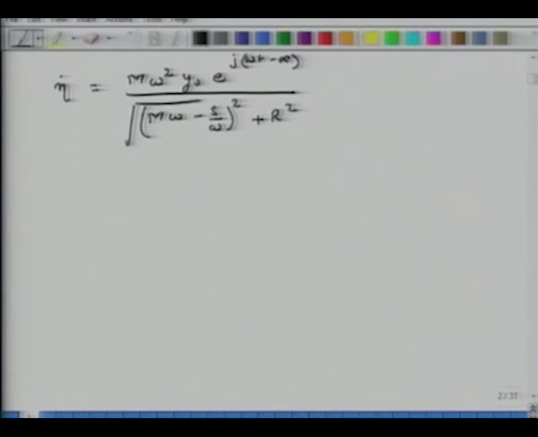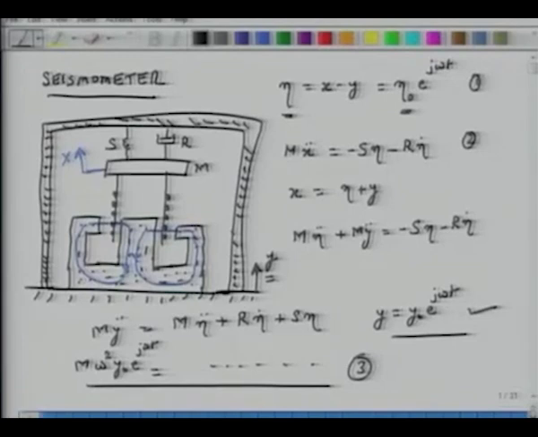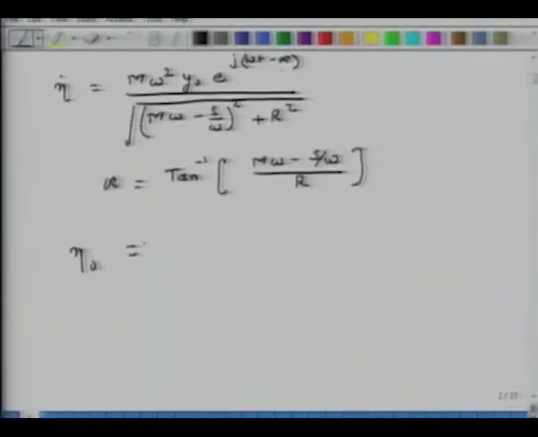And what I have done here is introduce a new term alpha, and basically alpha is tan inverse of that ratio. The magnitude, which is this term, is this expression: eta naught equals m omega y naught over the square root of (m omega minus s over omega) square plus r square.